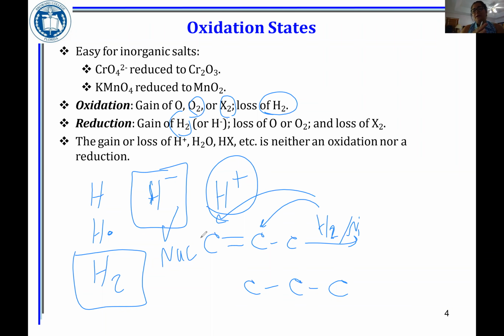So what should be the charge on that nucleophile? It should be either negative charge or it must have a pair of unshared electrons. So when you say nucleophile, it's something that likes the nucleus or likes positive charge. So H minus is a nucleophile.